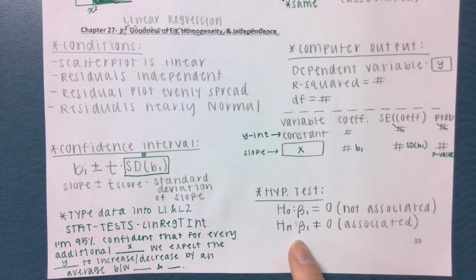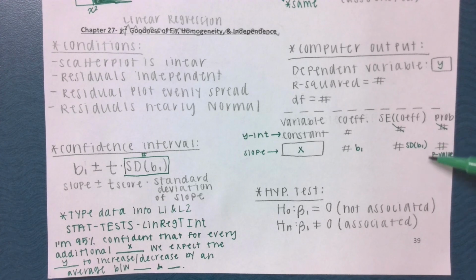Alternatively, we will try and show that B1 is not equal to 0, which means these variables are associated. If you're asked to run a hypothesis test based on the computer output, it should be pretty easy to find your p-value. It would just be right there in the computer output, and you would say the p-value is 0.0049, so I reject.